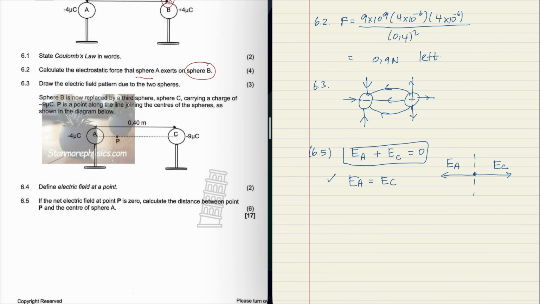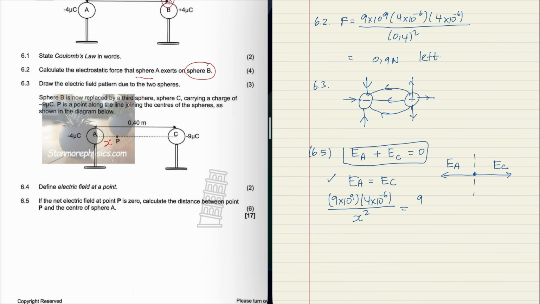So we know that electric field is kq over r squared. So k is 9 times 10 to the power 9. The charge of A is 4 times 10 to the power minus 6 divided by, let's call the distance from A to P, let's call that x. So it's going to be divided by x squared.